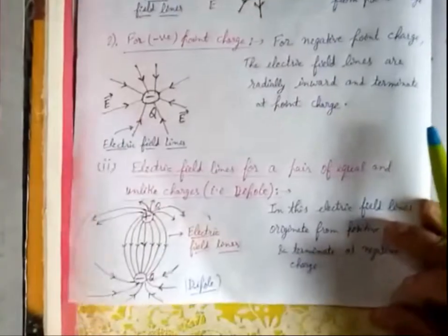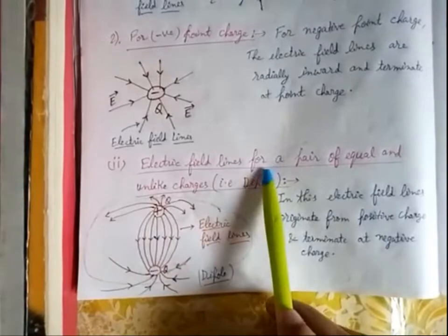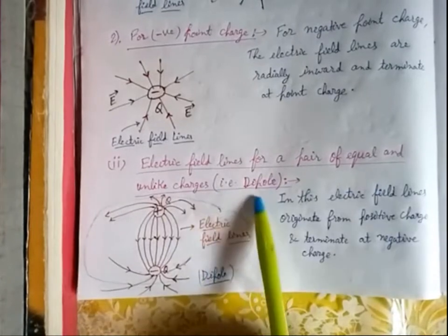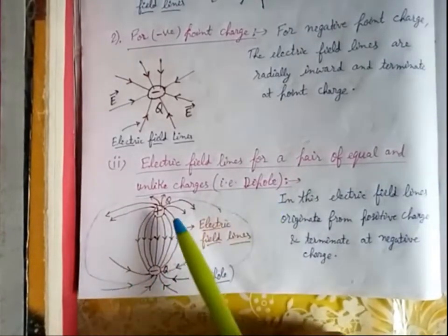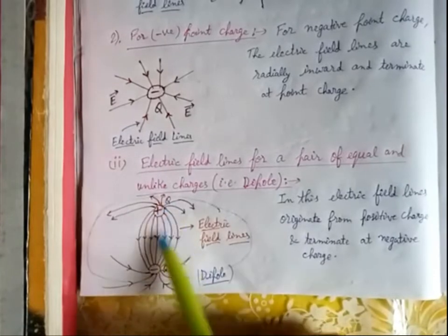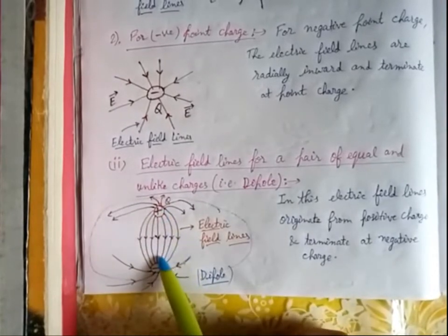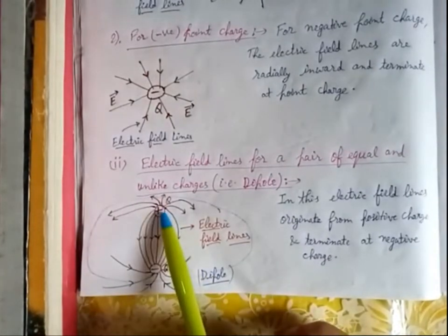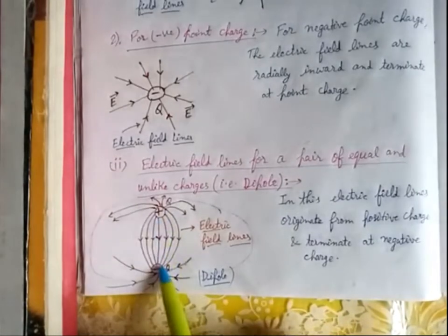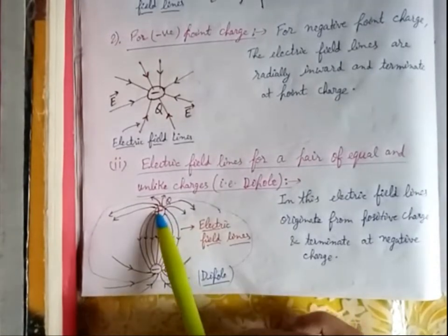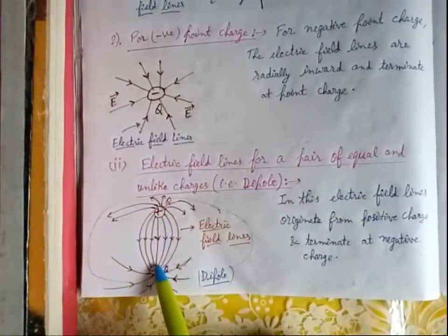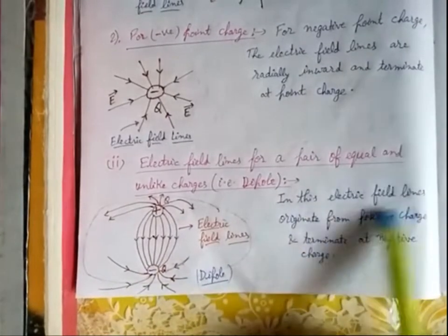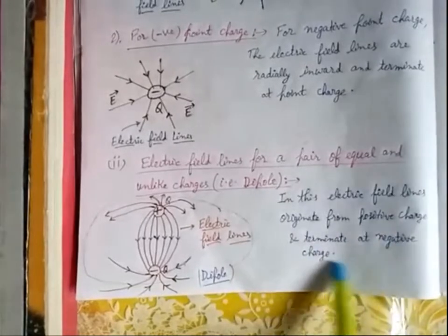Next topic is the electric field lines for a pair of equal and unlike charges, that is known as a dipole. These are equal and unlike charges placed at some distance, that is plus Q and minus Q. The electric field lines will be drawn in such a way that all the field lines originate from the positive charge and terminate at the negative charge.